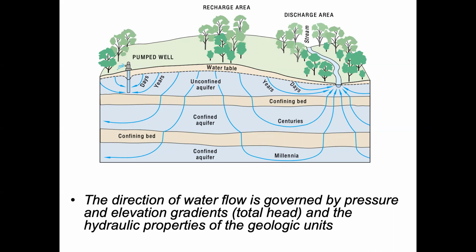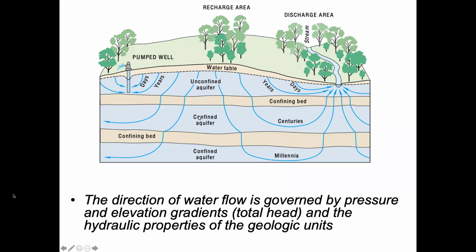So you have the pressure and the elevation gradients creating the total head, or the potential for work, and then these are further influenced by the hydraulic properties, or the connectivity of pore space in the subsurface in the aquifers. So this is just to give you an idea of what a hydrologic setting would be.